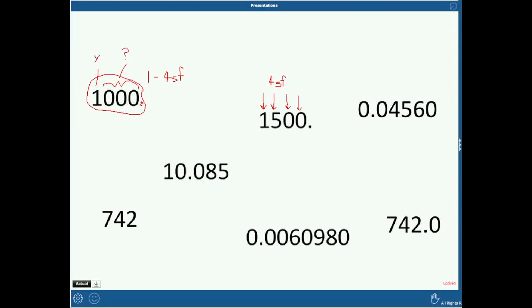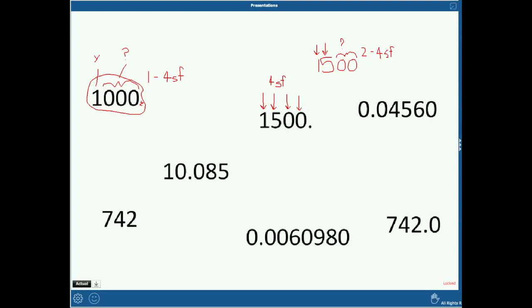If there's no decimal place, like if we had 1,500 like this, we would know this was significant. We would know that was significant. These we wouldn't be sure of because there's no decimal place. So we would say that this one has between 2 and 4, but we're not certain. So they call those numbers ambiguous. And it all has to do with the decimal place.